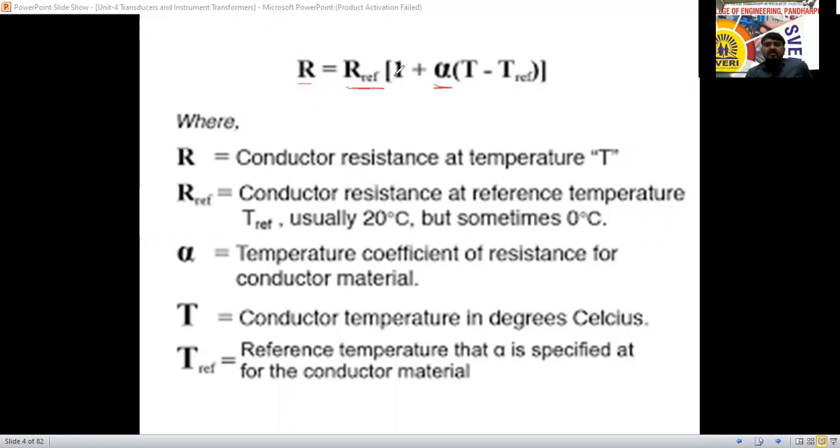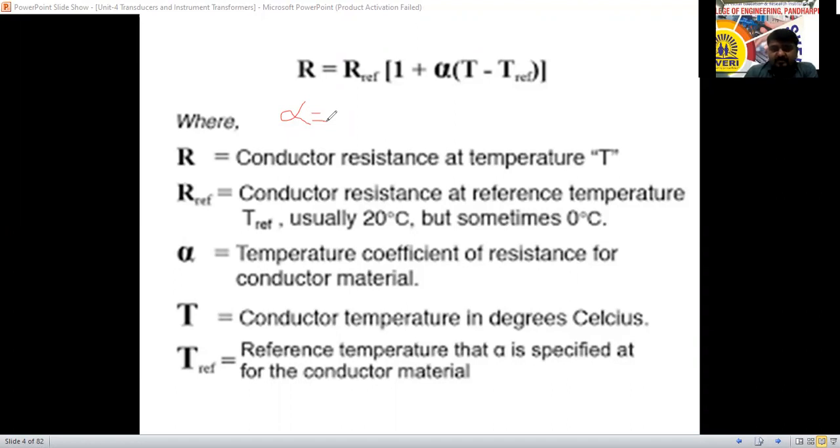From this formula, can anyone tell me the formula for alpha? Using this formula only, derive and tell the formula for alpha. Any one of you?